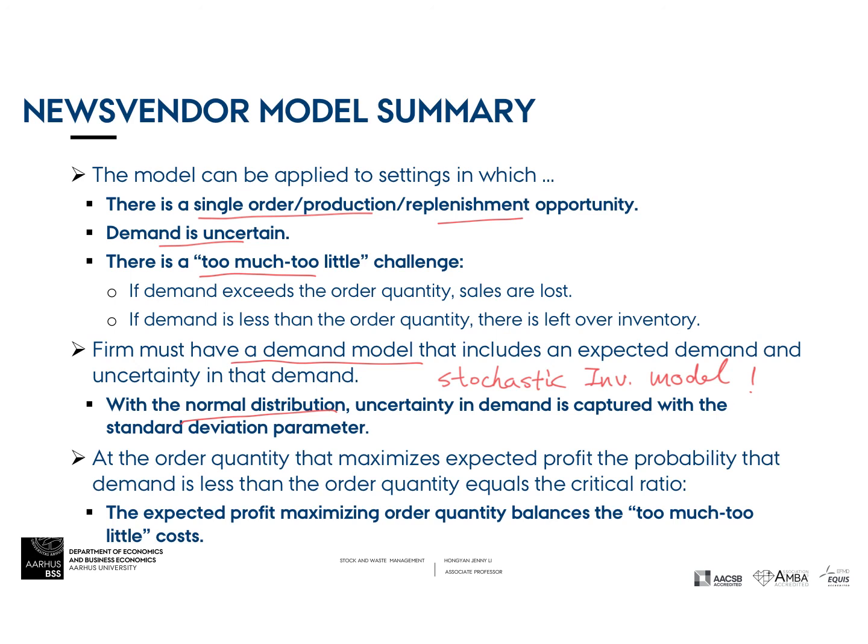At the order quantity that maximizes expected profit, the probability that demand is less than the order quantity equals the critical ratio. So this is actually the traditional or classic solution for your newsvendor problem.